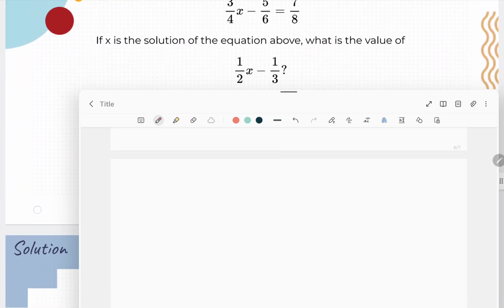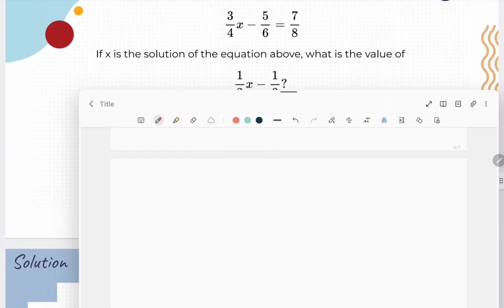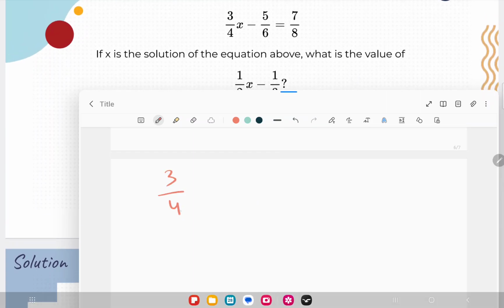If x is the solution to the above equation, what is the value of this one? So 3 over 4x minus 5 over 6 is equal to 7 over 8.